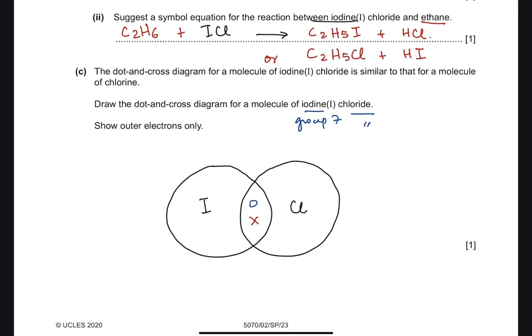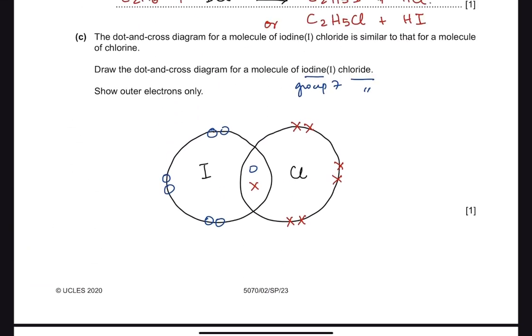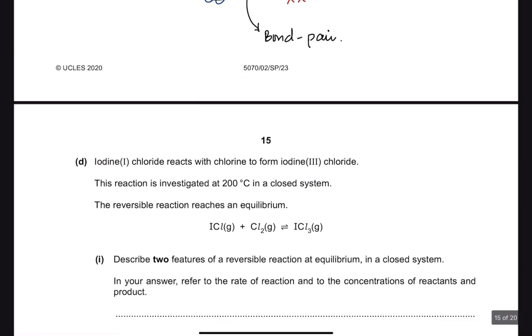Iodine has 6 unbonded electrons in the valence shell. Chlorine also has 6 unbonded electrons in the valence shell. That's it. By the way, these electrons are known as lone pairs, and this electron pair is known as the bond pair. If someone from AS watches this video, they would know that.